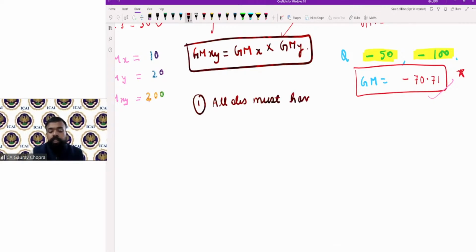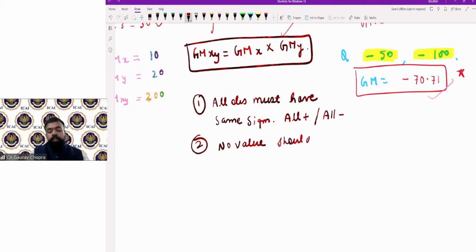So all observations must have the same sign, either all positive or all negative. And the second thing is that no value should be zero.